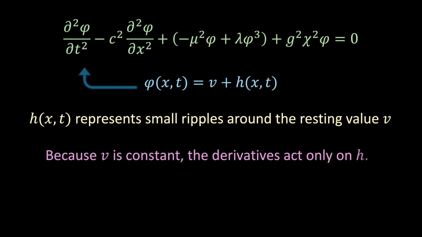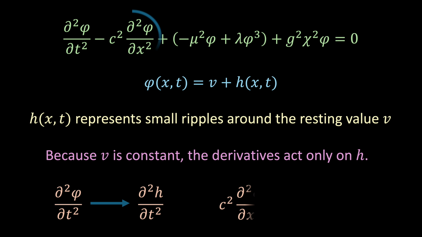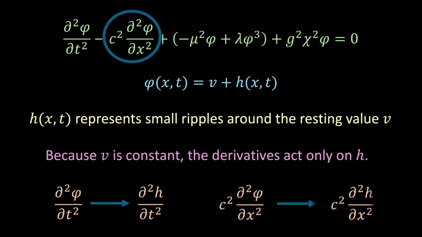Then, because v is a constant, any derivative acting on v will give 0, and so the only derivatives that survive are those acting on h. And so, as a result of the substitution, the first term in the equation becomes d2h by dt squared. In the same way, the second term in our equation ends up being equal to c squared d2h by dx squared. Okay, so that's the derivative part.